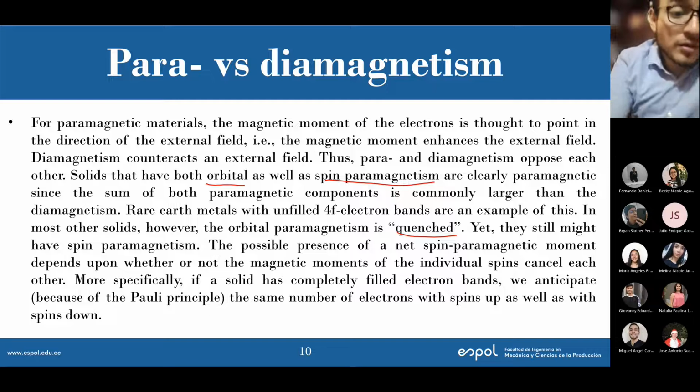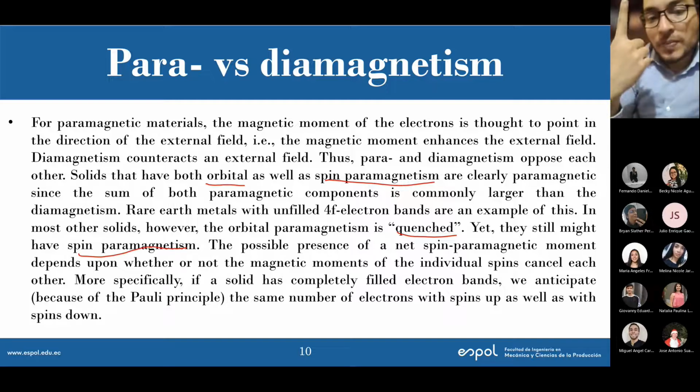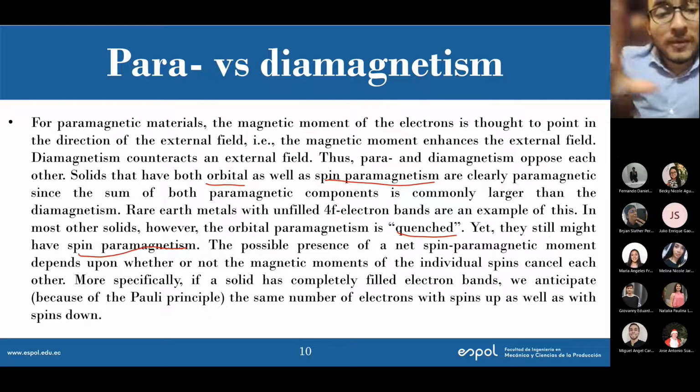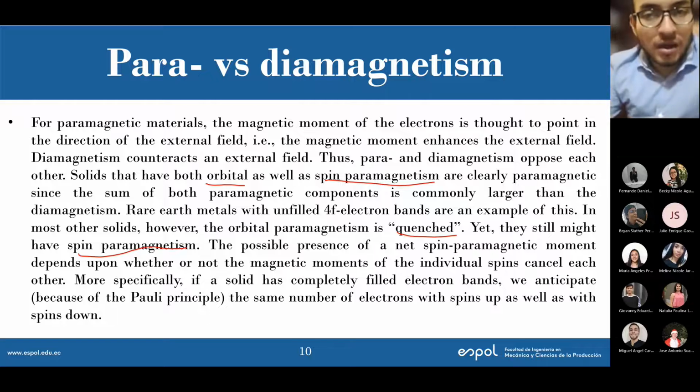Yes, those materials will still have the spin paramagnetism, the contribution of the electrons rotating around their own axis, because that happens in most materials. But the contribution of the electrons orbiting around the atom is quenched or hindered in most other materials.